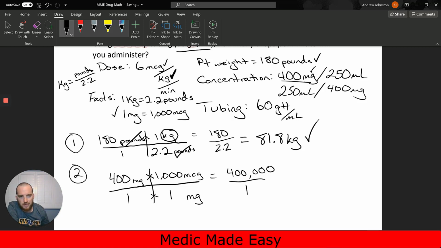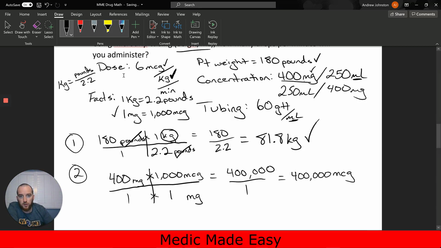And again, any number over 1 is just that number. So we have 400,000 micrograms as that part of the concentration. The 250 milliliters we can leave because we have that amount in milliliters and we have 60 drops per milliliter tubing. So those units are all equal. And so now we're ready to actually lay it out.